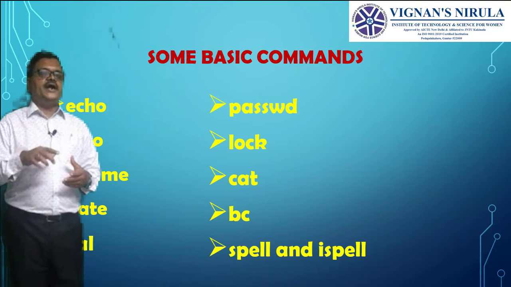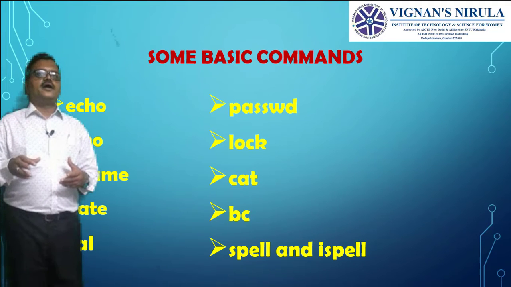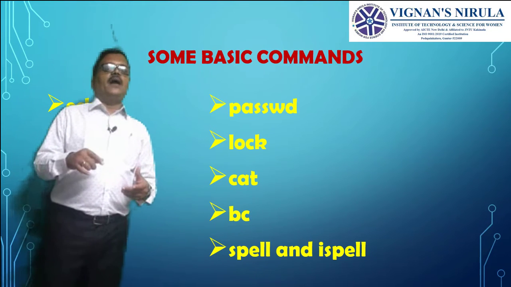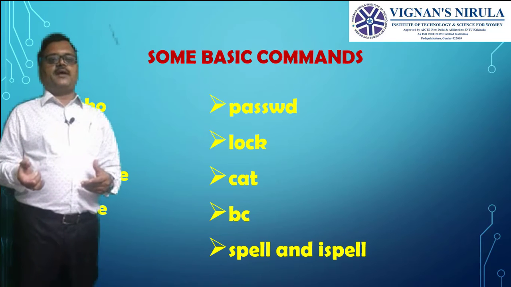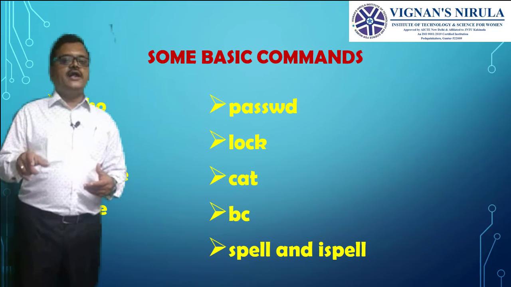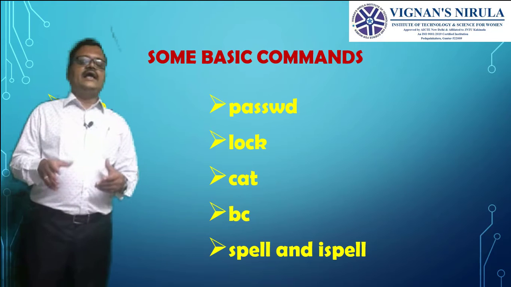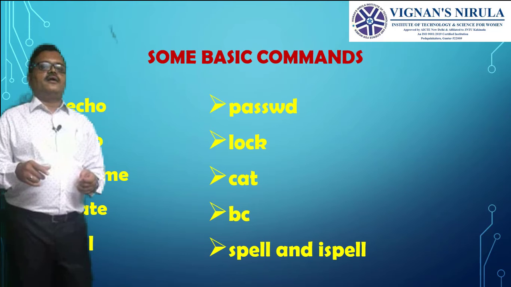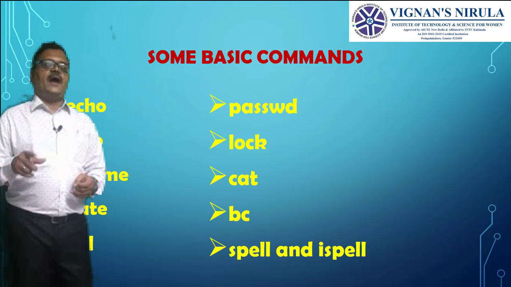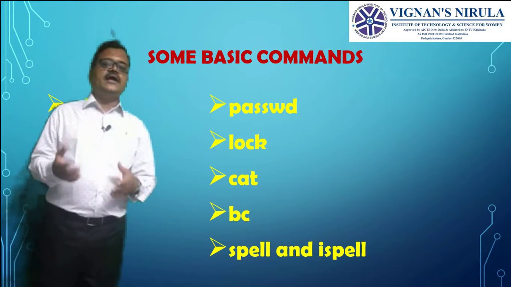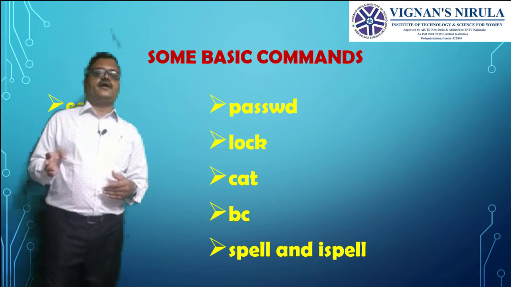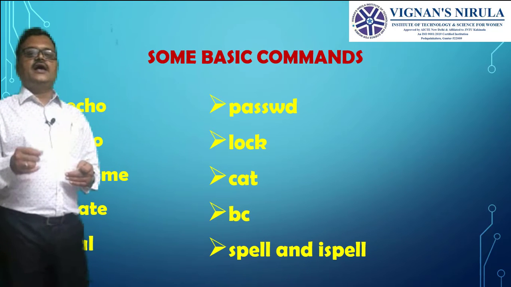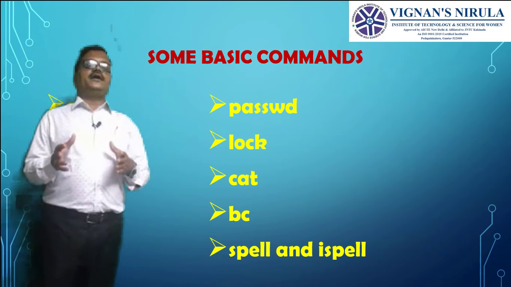Date plus percentage capital D gives the date in mm/dd/yy format. If we give percentage small d, it gives the day. If we give date percentage capital Y, it will print the year in 4 digits. If you use small y, it will give the year in 2 digits. So this is about the date command.